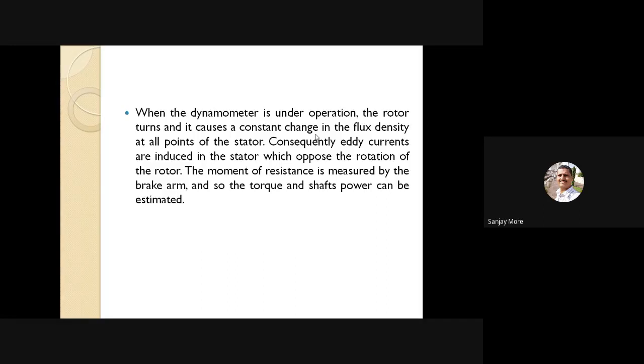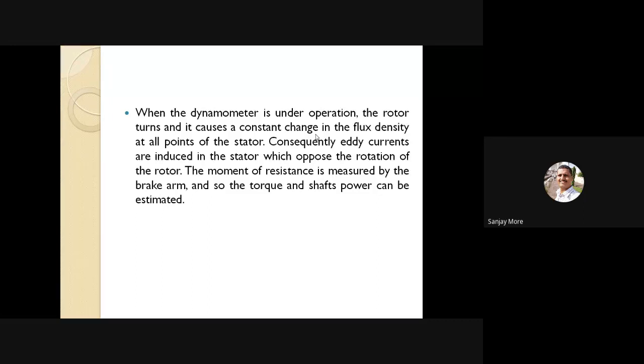Full stop. Consequently, eddy currents are induced in the stator which oppose the rotation of the rotor. Full stop.